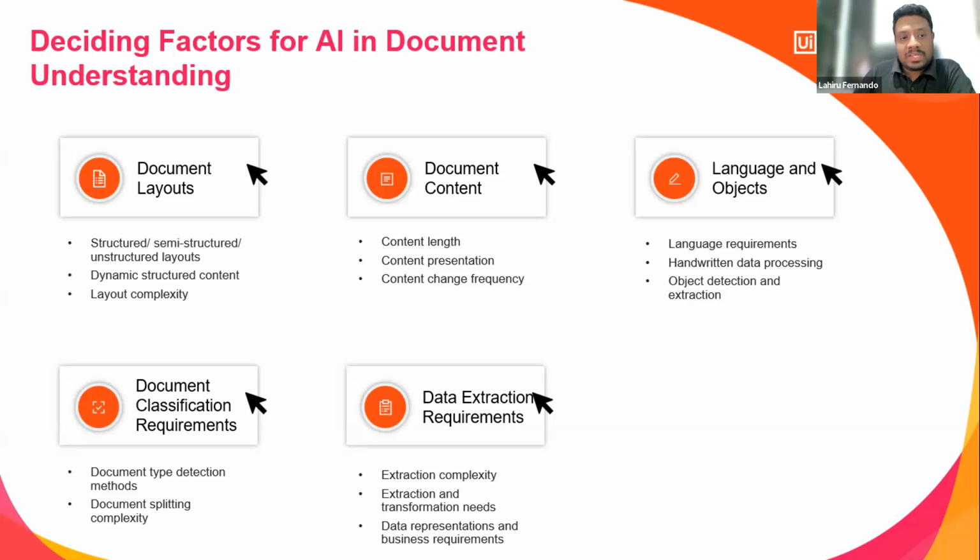Do we need to train these models, and how much do we need to train? And what other AI intelligence capabilities do we require? Once we have the full requirement gathering and have analyzed these things, we can figure out what we should do. So these are more like the deciding factors.